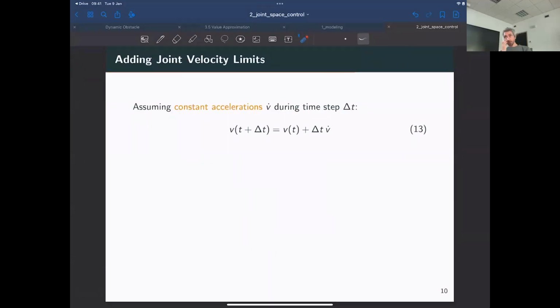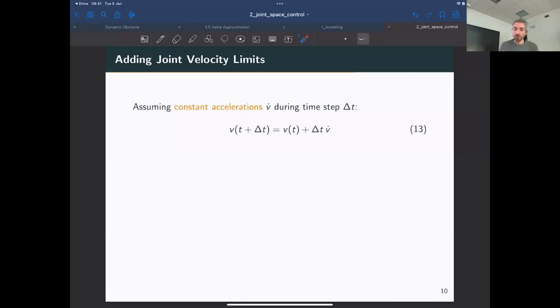Another thing that is very useful to account for in practice are the joint velocity limits. Either your motor or your gearboxes could have a limited velocity that's provided by the manufacturer, who tells you don't exceed this velocity, otherwise I'm not going to guarantee that this piece of hardware works.